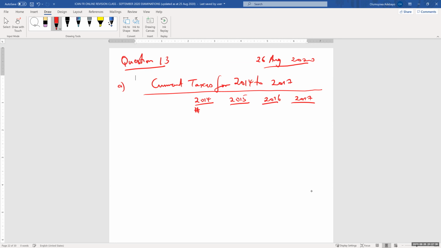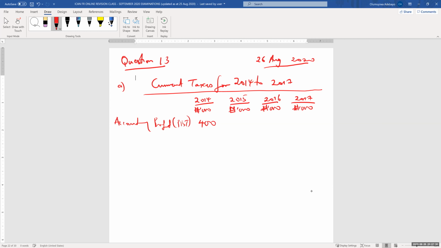Recall, all figures are in thousand. Now we start with our accounting profits, which is our profit before taxes.